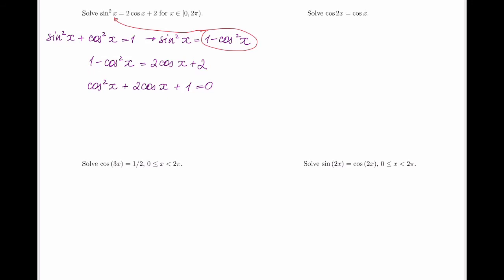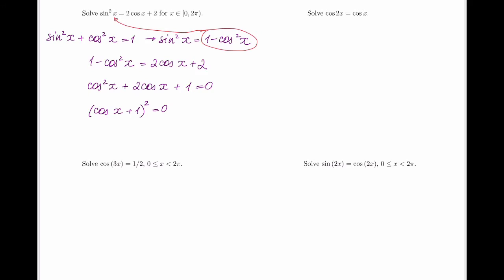You can also use the quadratic formula if you're more comfortable with that. That's perfectly fine. In this case, this actually works out to be a perfect square. So cosine x plus 1 all squared is what the left-hand side equals, and that's equal to 0. Now, taking square roots of both sides, we're going to get plus or minus square root of 0 here, which is just 0.